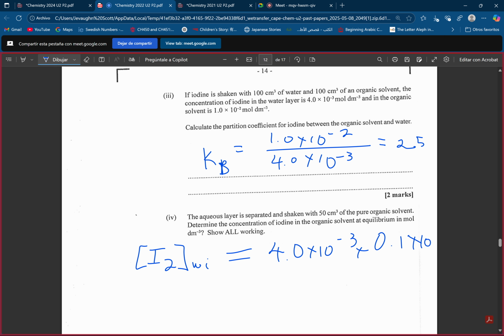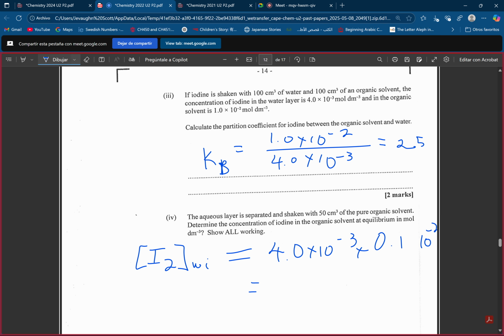Can anybody tell me how much that is? I don't have a calculator with me. Can somebody just give me that? Let's see. Would that be 4 point... 10 to the negative 2?